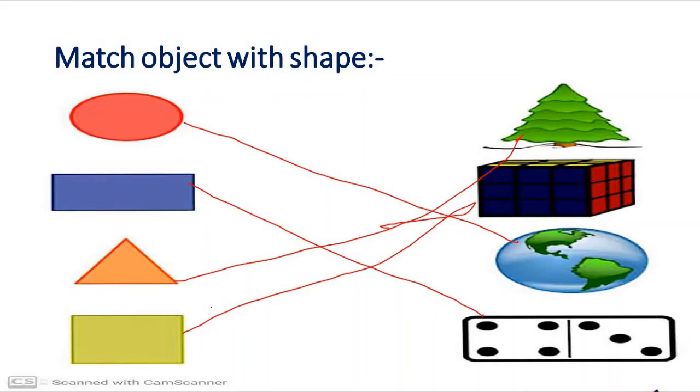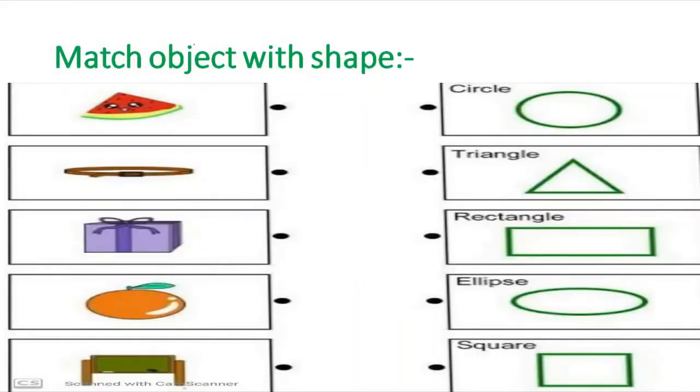Now let's see what's new. Okay, match the object with the shape. So this is a slice of watermelon, then a ring, a gift box, an orange, and a bench. Okay.